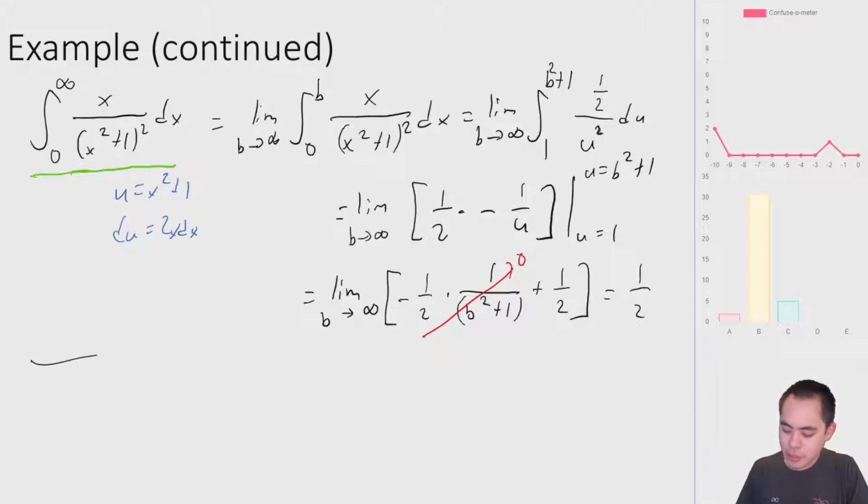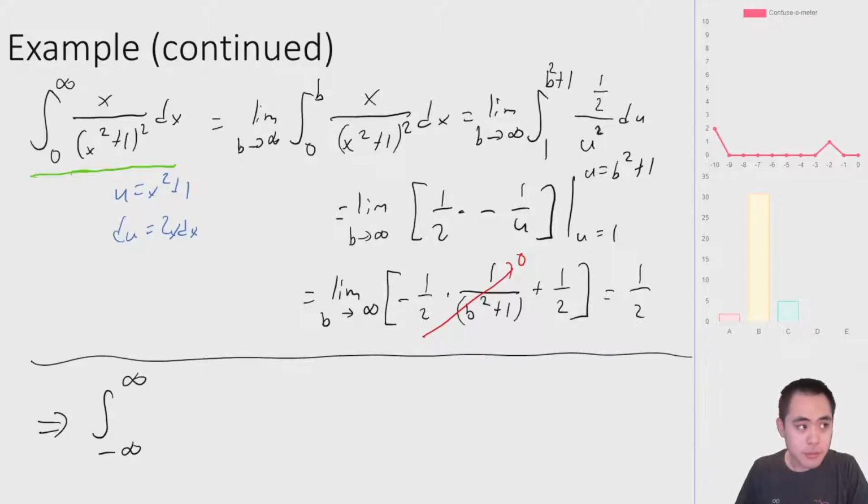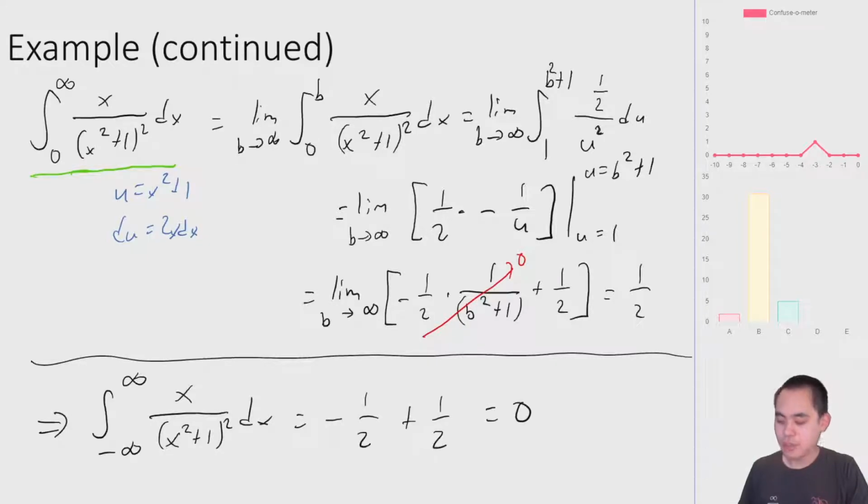And putting that all together, we end up getting that the integral from minus infinity to infinity of x over (x squared plus 1) squared dx is equal to minus 1/2 plus 1/2, so that's all equal to 0.